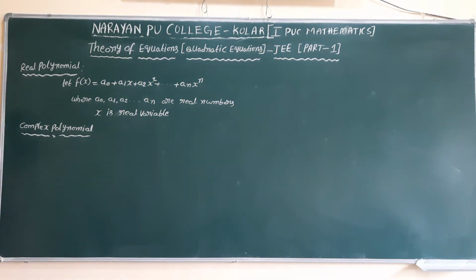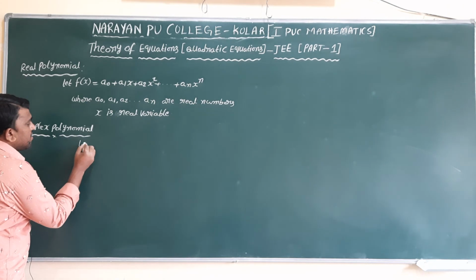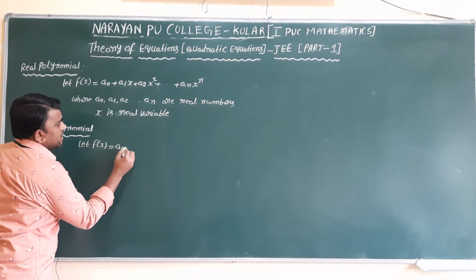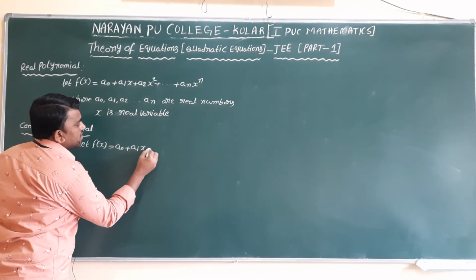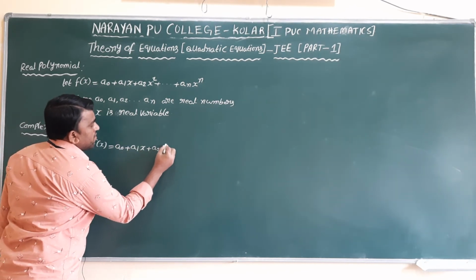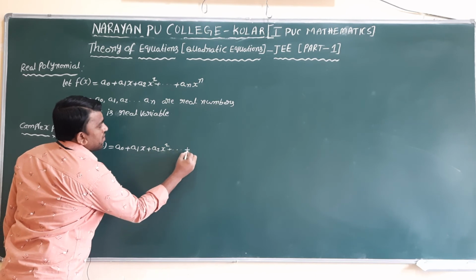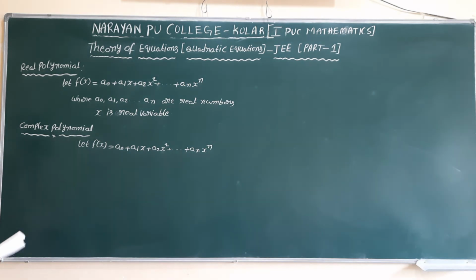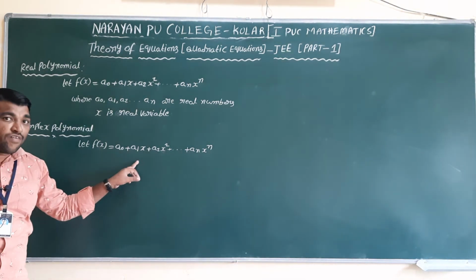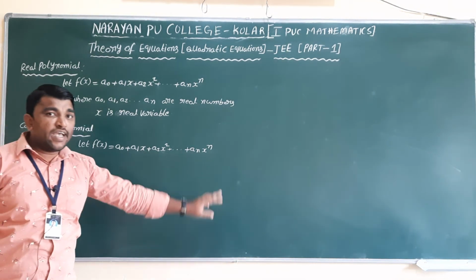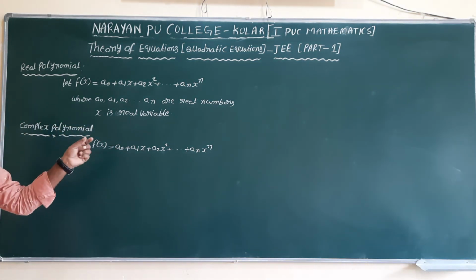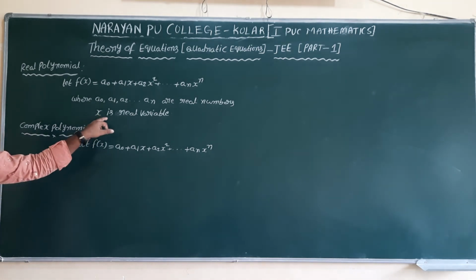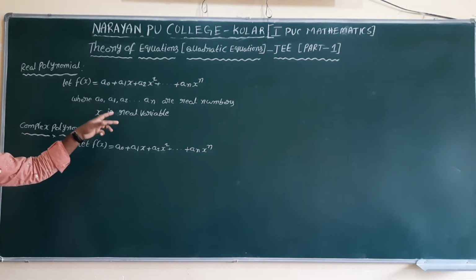Complex polynomial. Let us take f of x equal to the same expression a0 plus a1x plus a2x square plus and so on an x power n, where a0, a1, a2 and so on an are complex numbers and x is the complex variable.